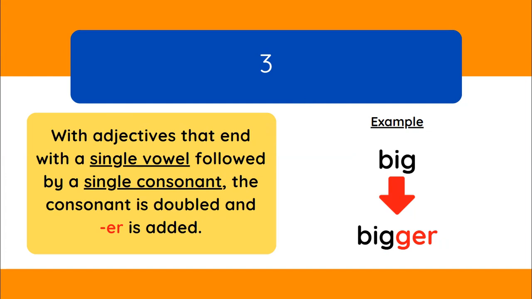All right, next one, Angie, please. With adjectives that end in a single vowel followed by a single consonant, the consonant is doubled and ER is added. Okay, good job. Just a question, Angie. When we have an adjective or verb that finishes with E, D, what is the pronunciation of this?